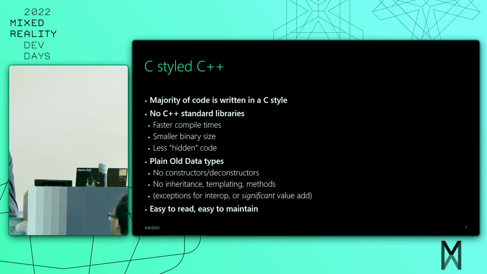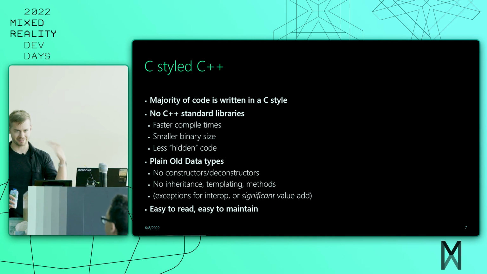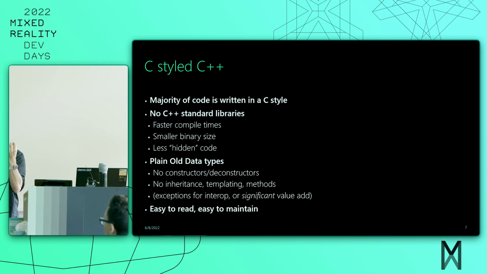Plain old data is an interesting way to encapsulate some of this idea. If you have a struct, that struct is just a struct. That struct has no constructor, it has no destructor, it has no methods attached to it. And that really simplifies a lot of the code. And honestly, I've been really pleased. When I do have bugs in StereoKit, they're really easy to find.